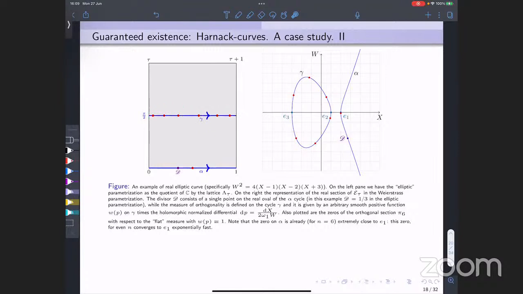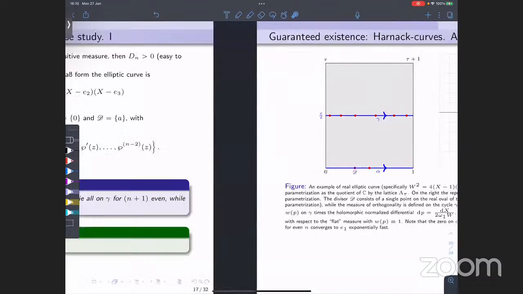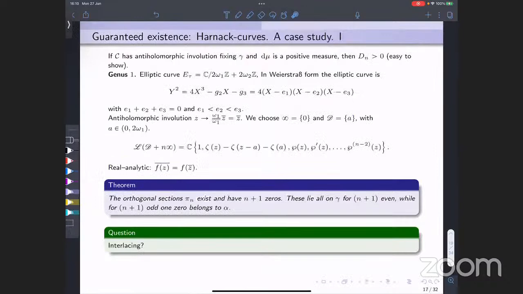Then you set up your orthogonality, right? You have to construct your monic polynomials, and here it is easy. The first is 1, then there is the Weierstrass zeta plus a pole at your divisor d. Then you can use Weierstrass p, p prime, and so on and so forth. Those are your monic polynomials. Then you start Gram-Schmidt.